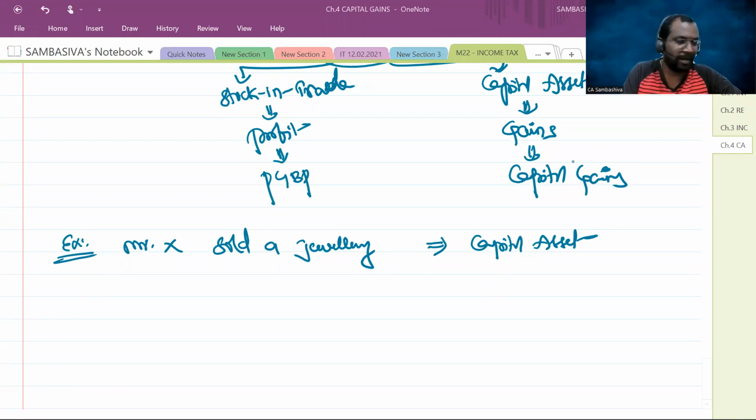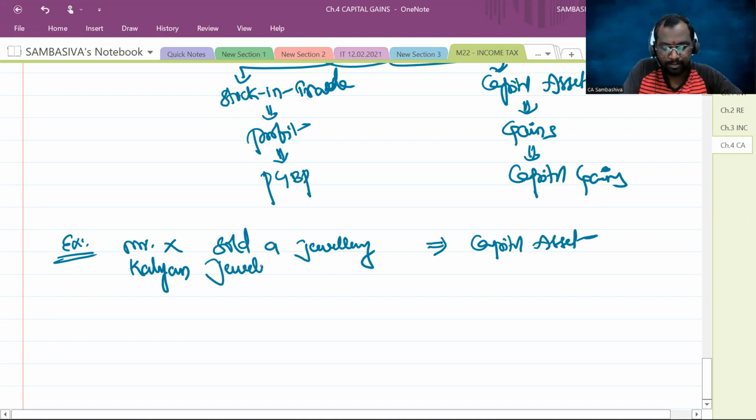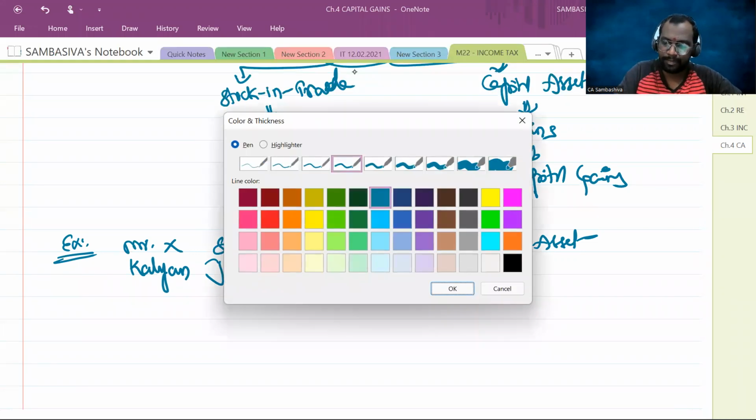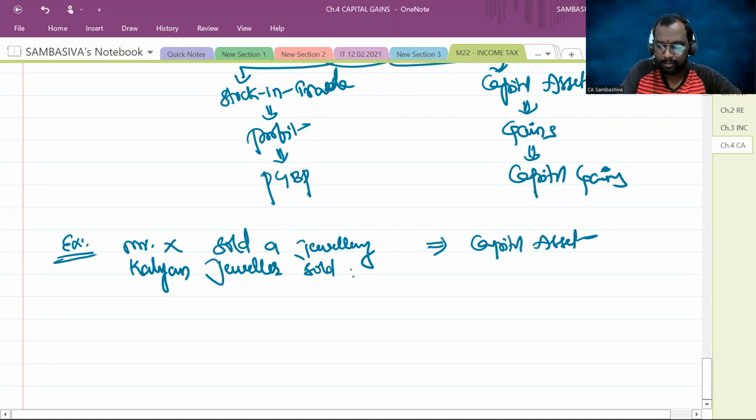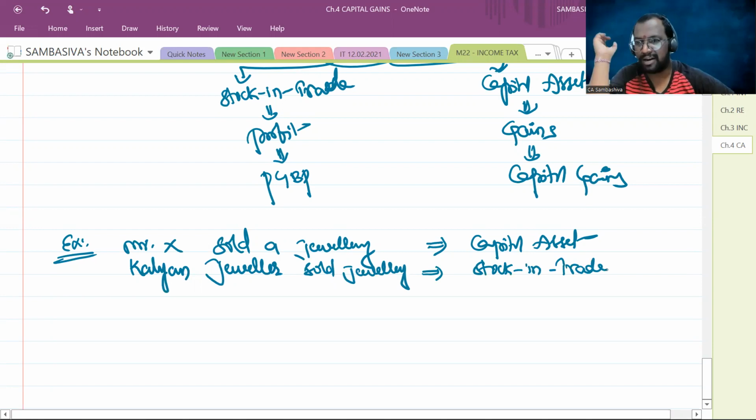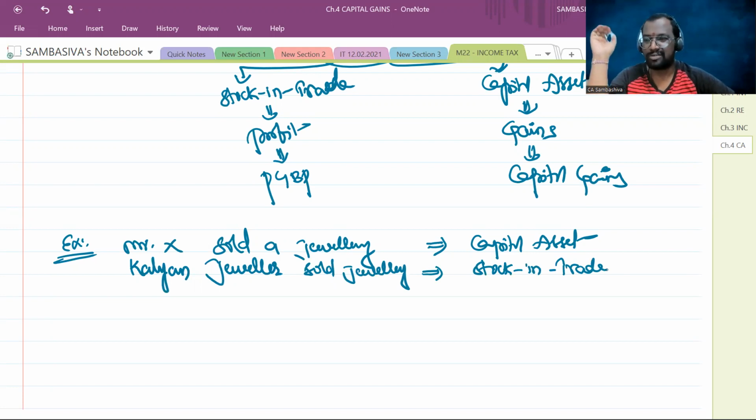If the same jewelry is sold by some Tanishq jewelers, Kalyan jewelers, now in that case, for them, jewelry is a stock in trade, because buying and selling of jewelry is a business activity of Kalyan jewelers, of Tanishq jewelers, of Joy Lucas. Are you following? Right?